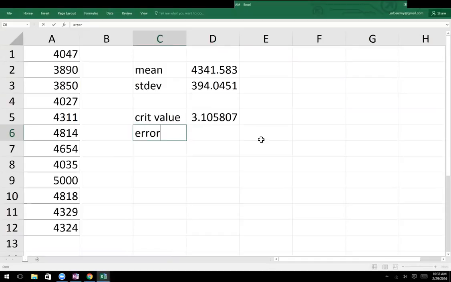So the error, well, it's got three parts. You've got the critical value. You've got what the standard deviation was, but that's the standard deviation if you take one at a time. If you do the standard deviation taking groups of 12, what do you do?